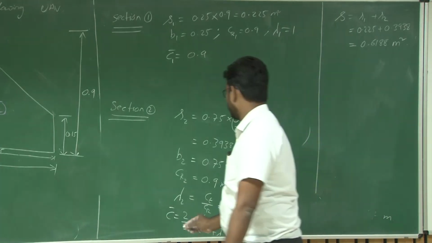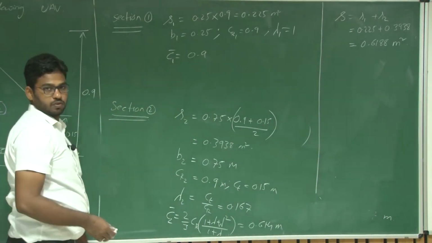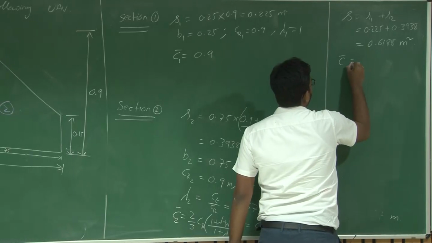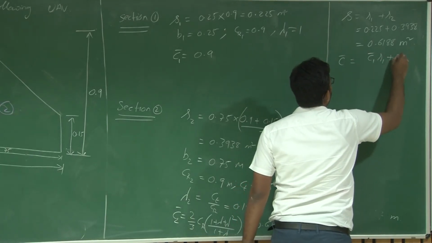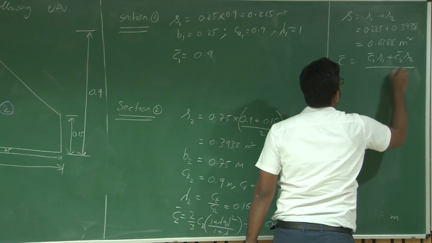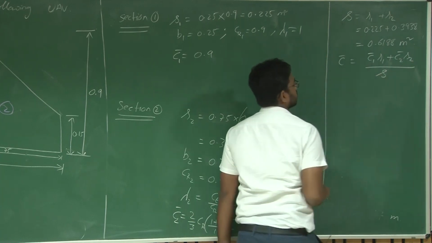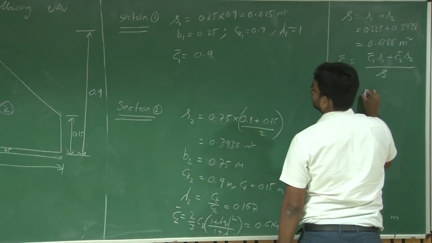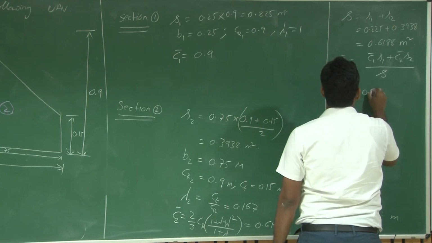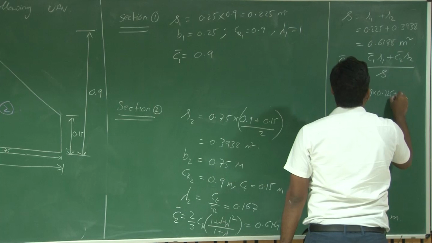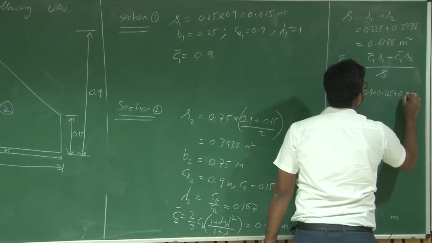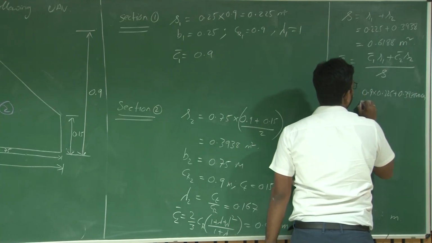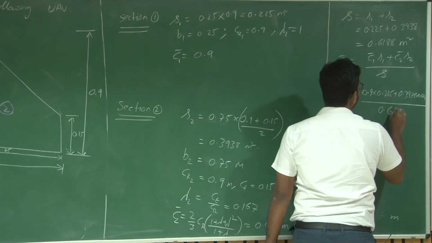Now we have C bar 1 and C bar 2. To find out the mean aerodynamic chord of this configuration, we can take the weighted average, which is C1 bar S1 plus C2 bar into S2 divided by S. So this equals 0.9 into 0.225 plus 0.3938 into 0.614 divided by 0.6188.